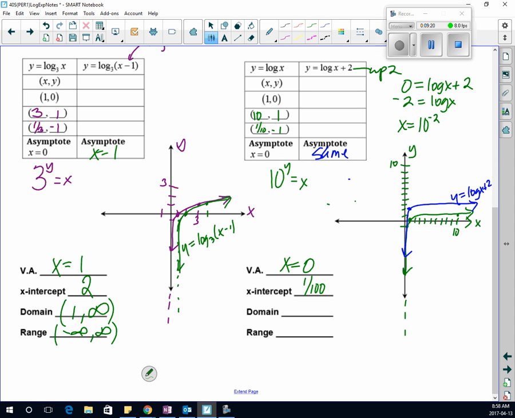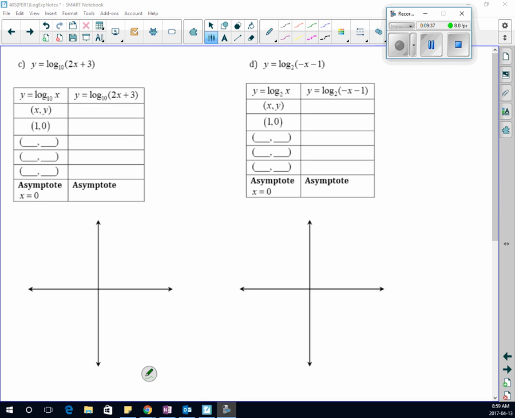Domain. 0 to infinity. And my range? -infinity to +infinity. Yeah? Can you explain the x-intercept one more time? Uh-oh. Okay, so what's happening here?